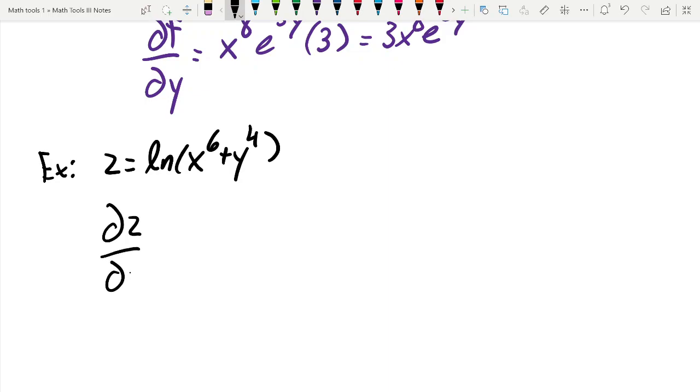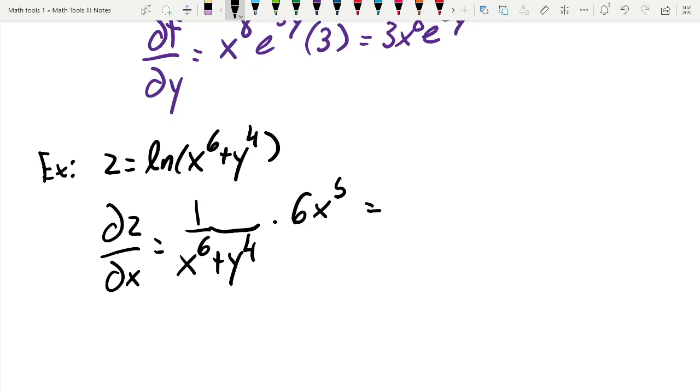So partial of z with respect to x. So the chain rule here is going to give us 1 over the stuff inside the log times the derivative with respect to x of the stuff inside here. So 6x to the 5th plus 0. So in other words, this is 6x to the 5th over x to the 6th plus y to the 4th.